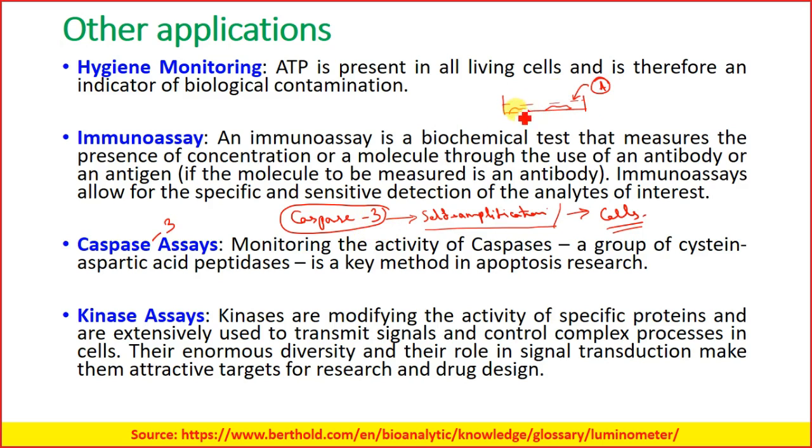The ATP is present within these cells. If you add the firefly luciferase and luciferin into the media, and there is a higher bioluminescence, that means it is not affecting the cells. However, if there is a decrease in the bioluminescence activity, that means somehow the caspase 3 has been activated and it is resulting in the killing of the cells. In this way you can find out the caspase activity.